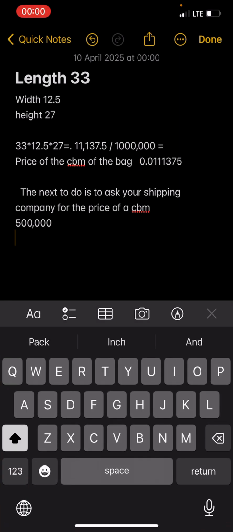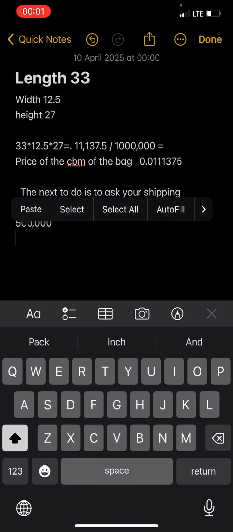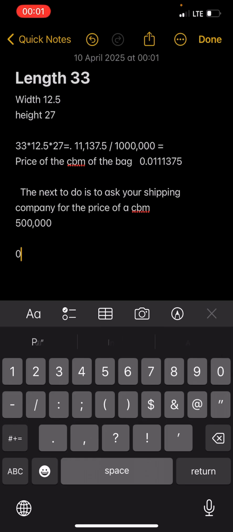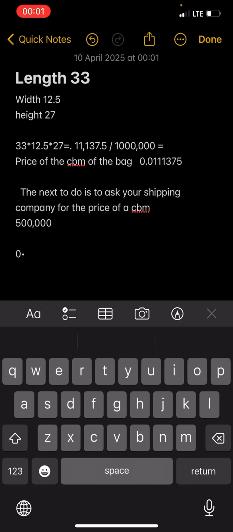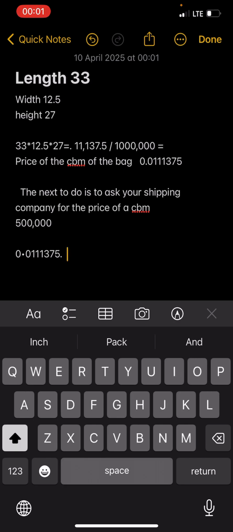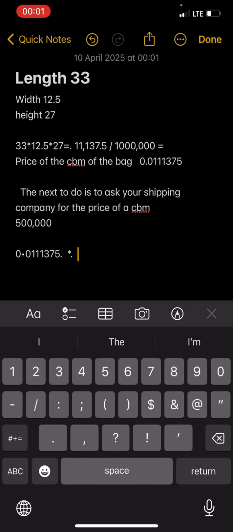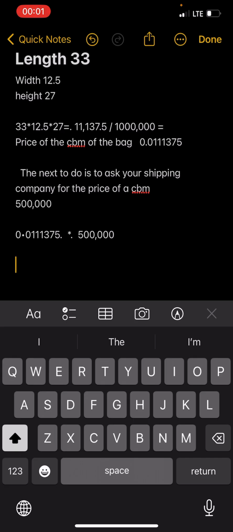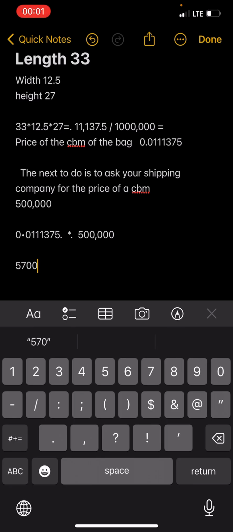That means, do you understand? Okay, let me write it here. 0.0111375 times the price of your CBN, which is 500,000 naira, is equal to 5,700.